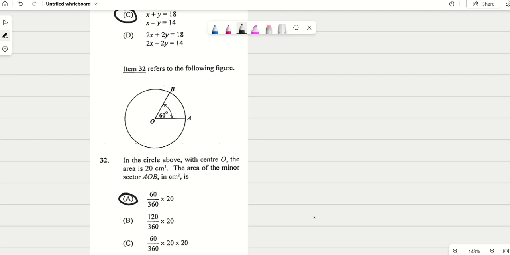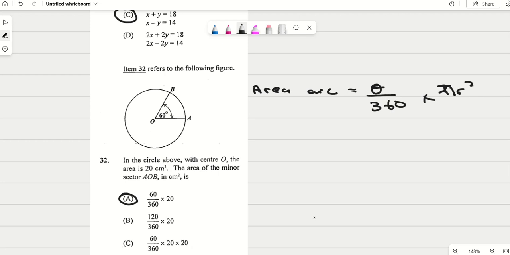centimeters squared. The area of the minor arc is, now if you look, guys, area of an arc is equal to theta over 360 multiplied by pi r squared.